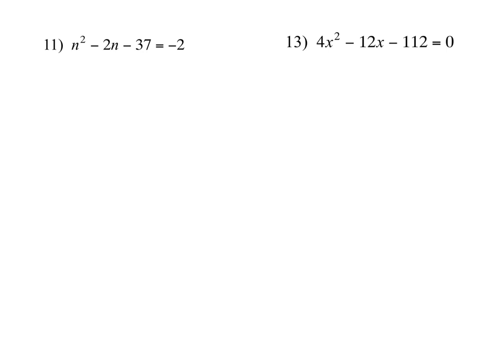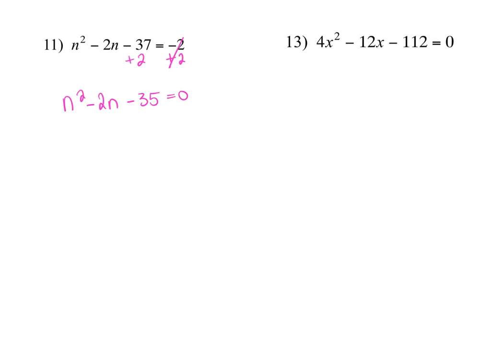So looking at these, number 11, something that should stand out is that it does not equal 0. So if you find one that doesn't equal 0 before you start factoring, you need to make it equal to 0. So before I do anything on this one, I have to move that -2 over. So I'm just going to add a 2 over. Now I have n squared minus 2n, -37 plus 2 is -35.